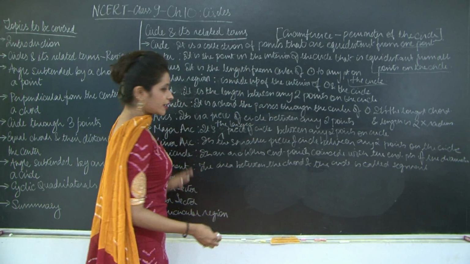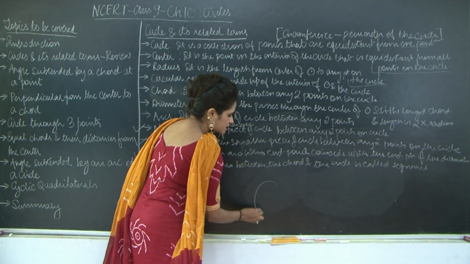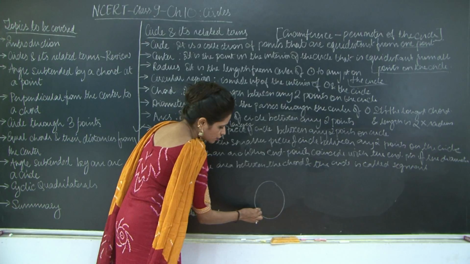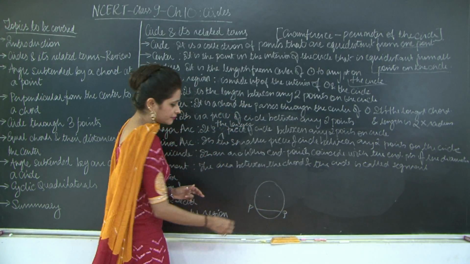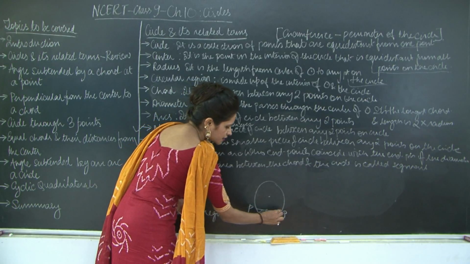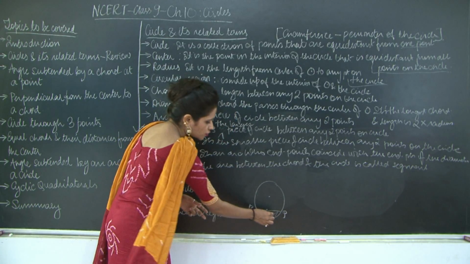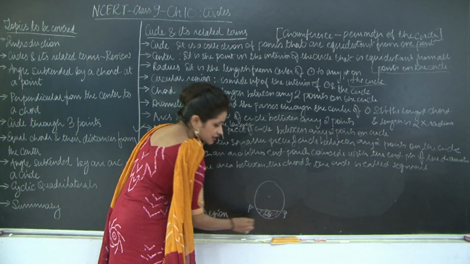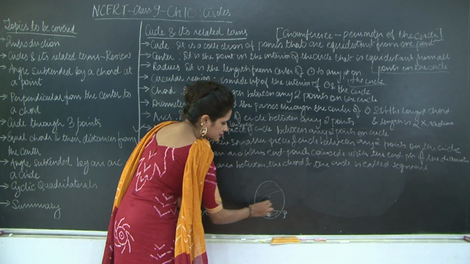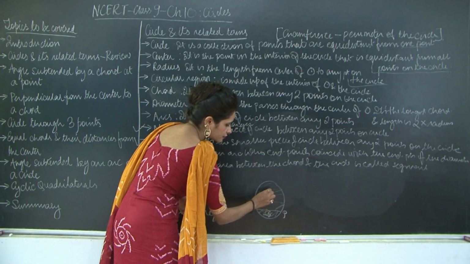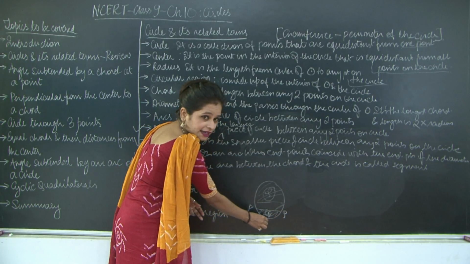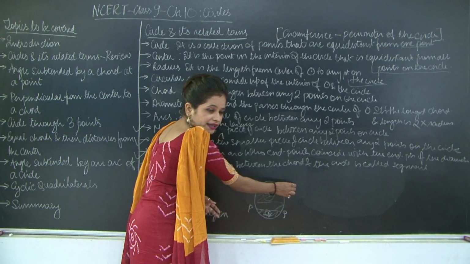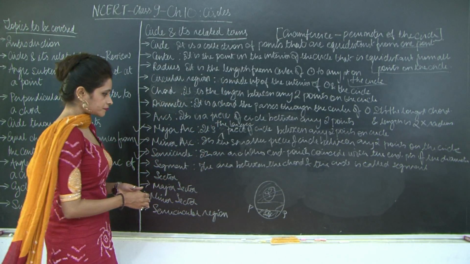Just like major and minor arcs, we have major segment and minor segment, because I took this chord PQ and this is my center, right? So we are not just getting one area. This is the first one and there is this large section out here. So this is called the minor segment and this is called the major segment.